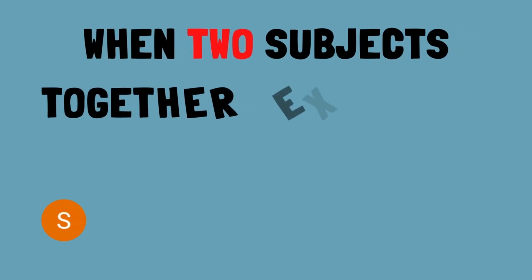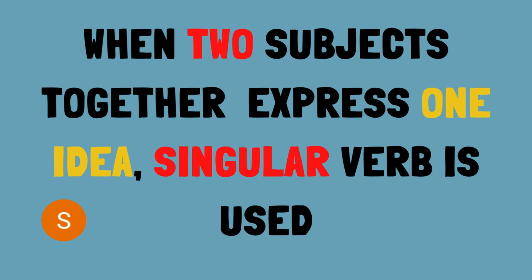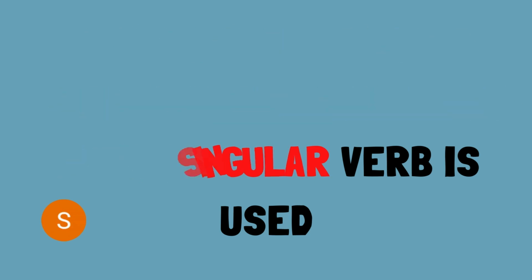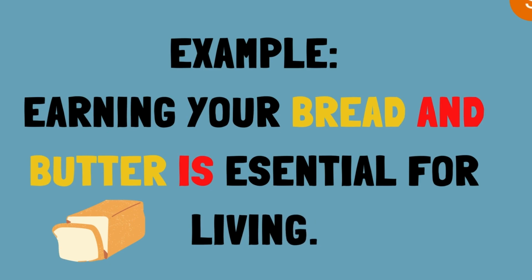Now, coming to our next rule, and here we have to be very conscious because sometimes when and is there, but still we will be using a singular verb. The rule says when two subjects together express one idea, then a singular verb is used. Let us see with an example. Earning your bread and butter is essential for living.